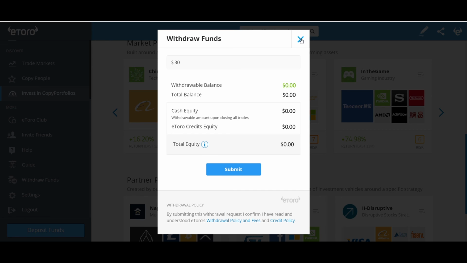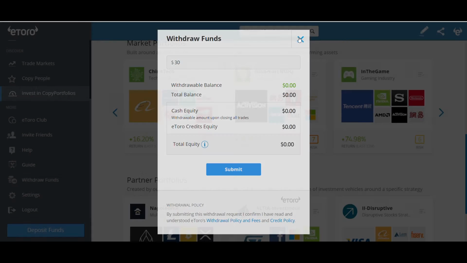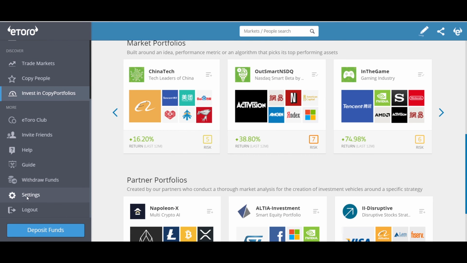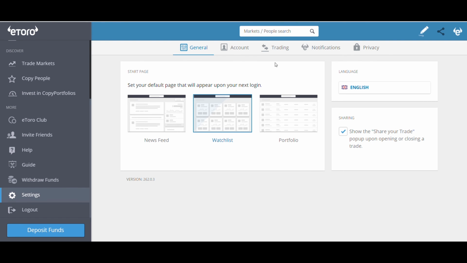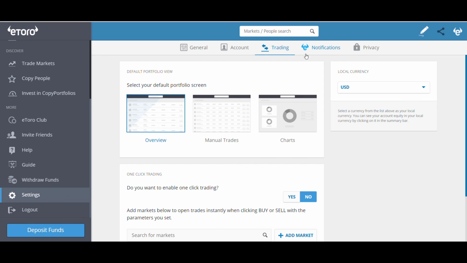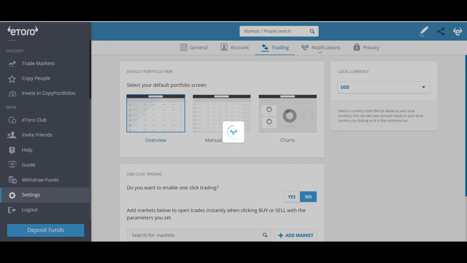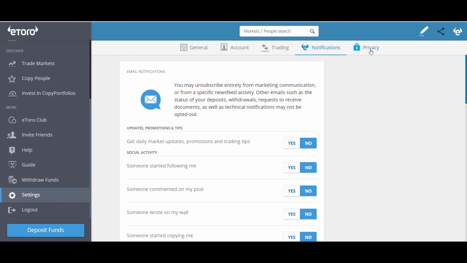You trade for zero commission, and withdrawing is only $5. In the settings page you can set how your start page looks, your account, and other notifications, privacy, and all of this stuff.